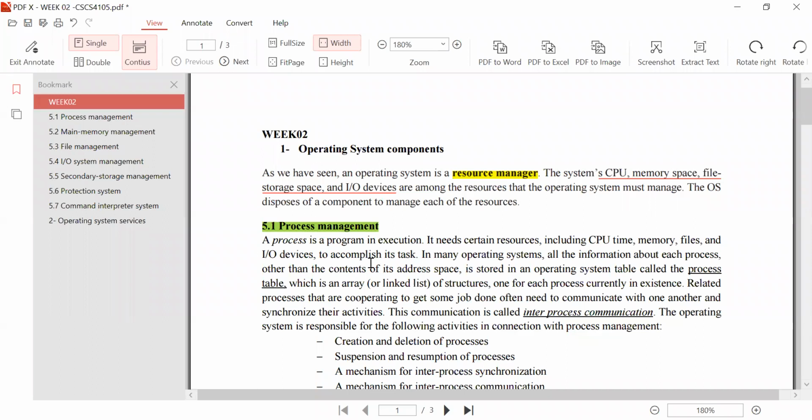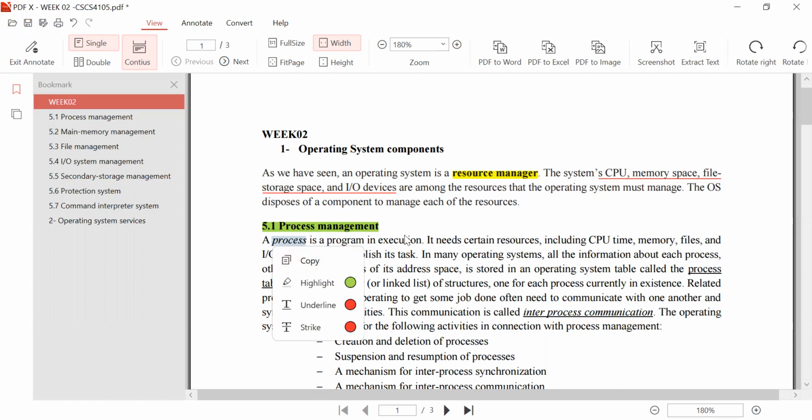So it means when you start your computer and you launch a program, for example, like I have launched this program that I'm using to present this, or I have launched my Zoom, there must be a process that is being executed for that Zoom. It might be one process, it might be several processes. So there should be an instance of that program that is currently being executed by the CPU, and that is a process.